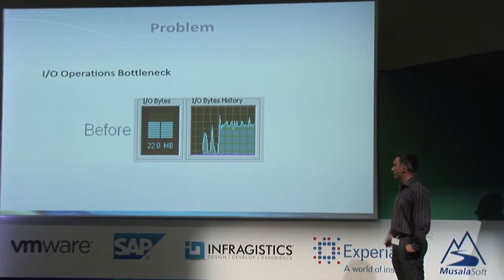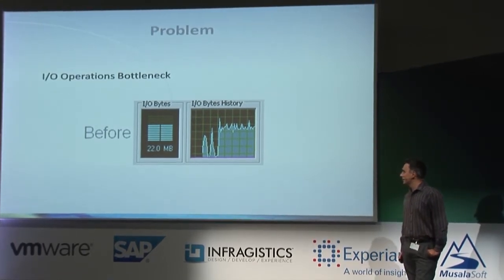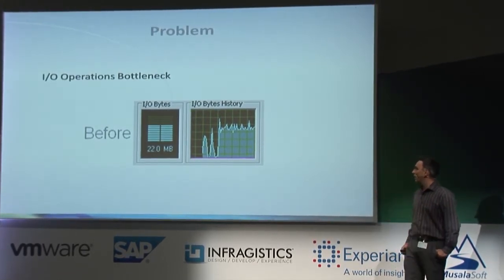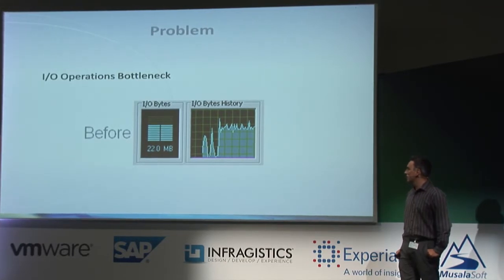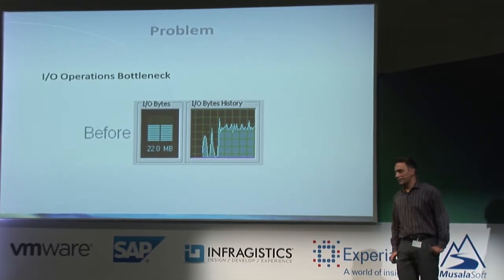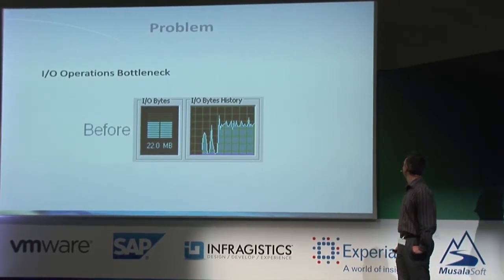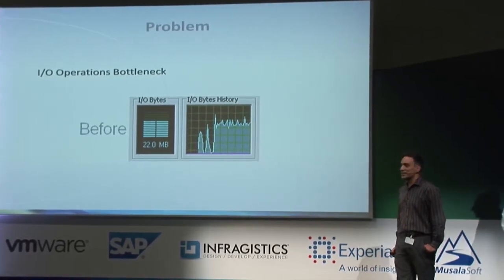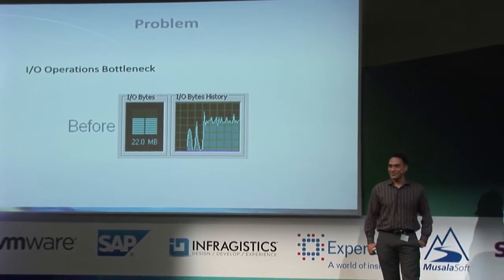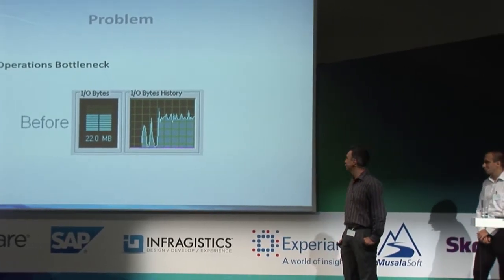You can see that from a simplified example of how the input-output operations were significantly high. This turned out to be slowing down some reports, which required a lot of reading from the disk. So it was time for development to step in once again.